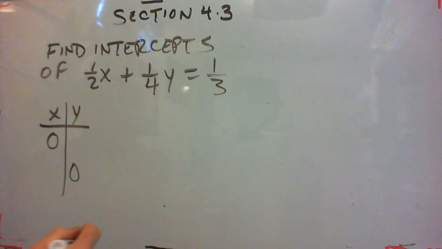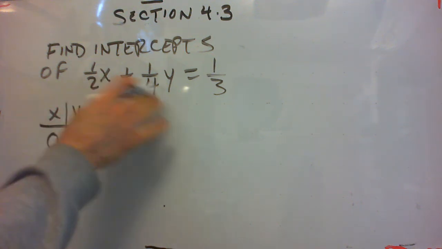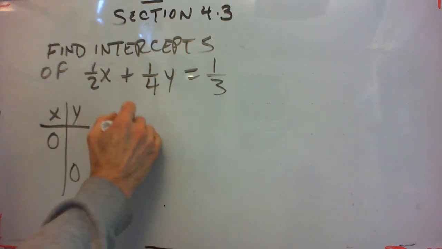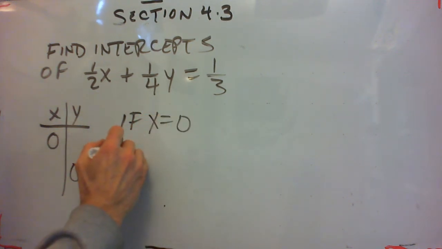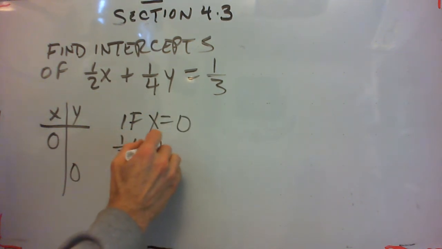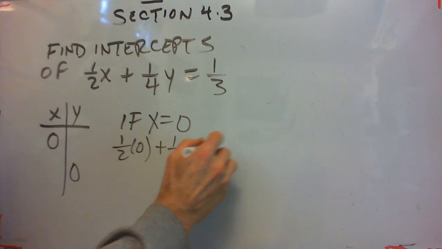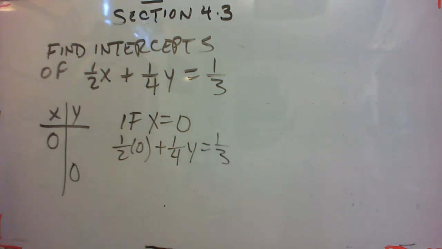So you need these 2 points, one where x is 0 and one where y is 0. If x is 0, we have 1/2 times 0 plus 1/4 y equals 1/3. So we have 0 plus 1/4 y, or 1/4 y equals 1/3.